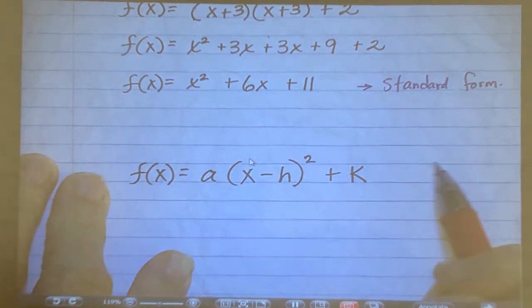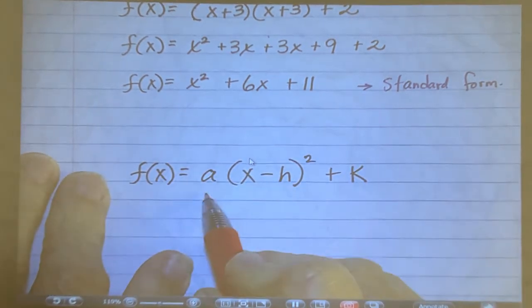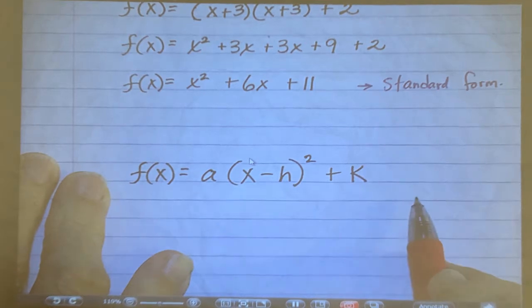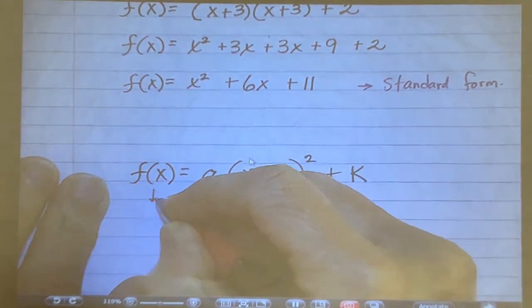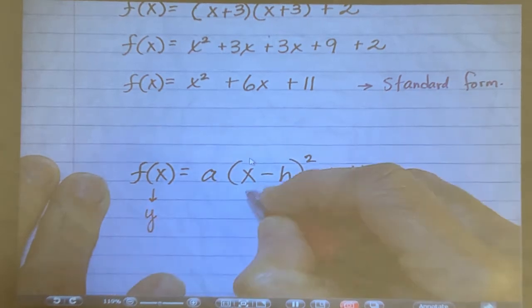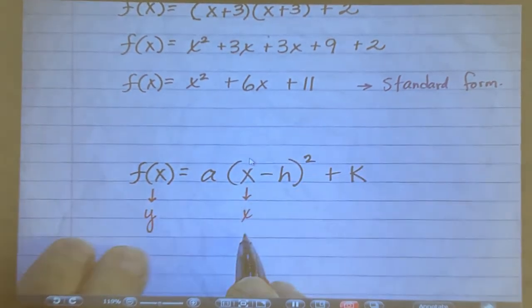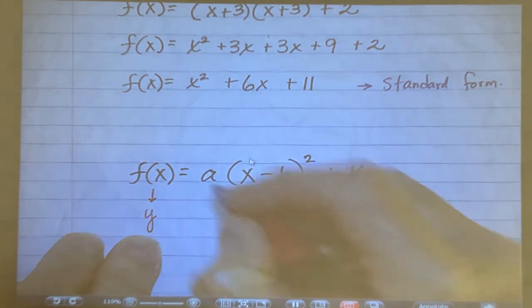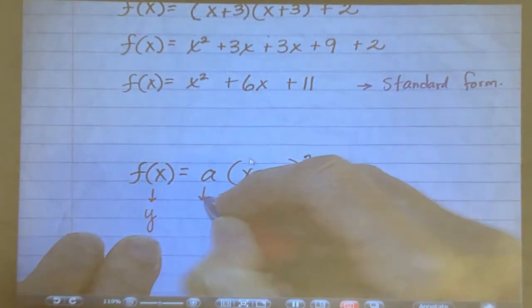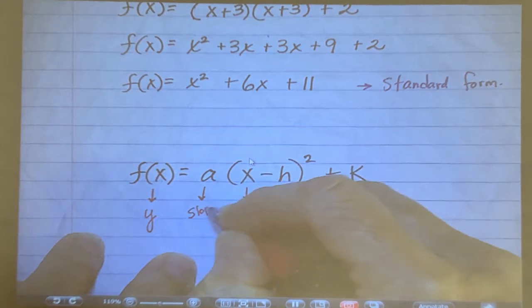And just like we did earlier with the standard form, we talked about what all these values do. Remember, f of x is the same thing as just y, and x is just x. Those are just an x and y coordinate somewhere along this parabola. The a value, once again, affects the slope.